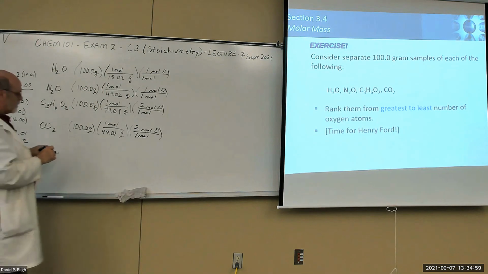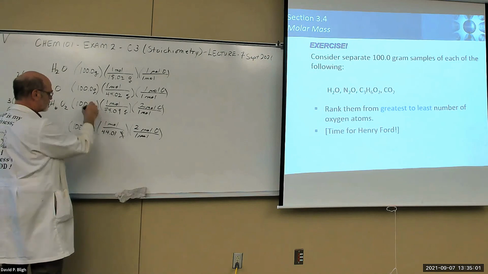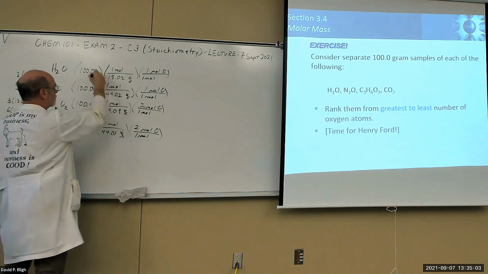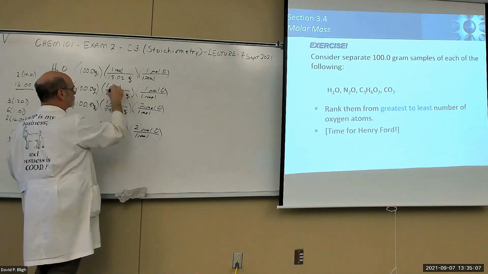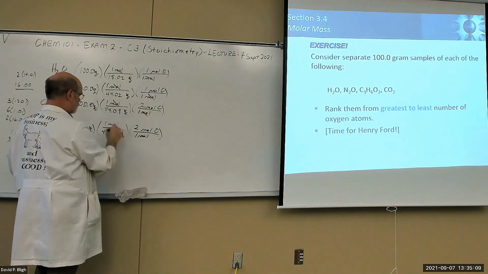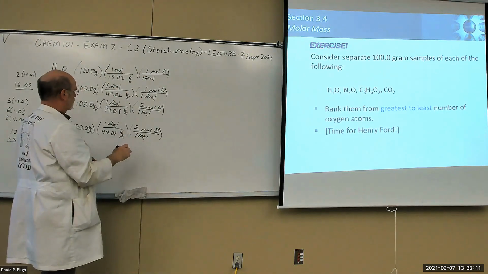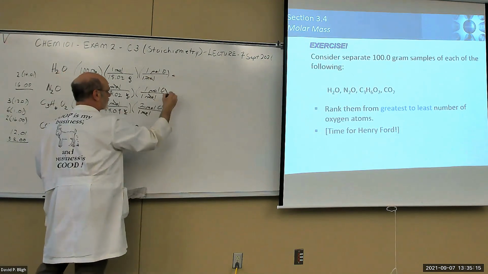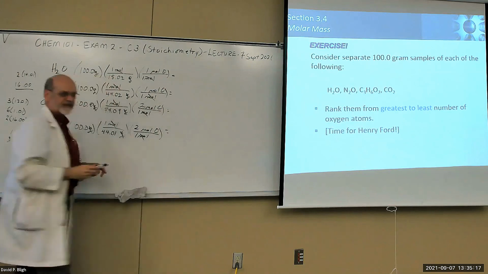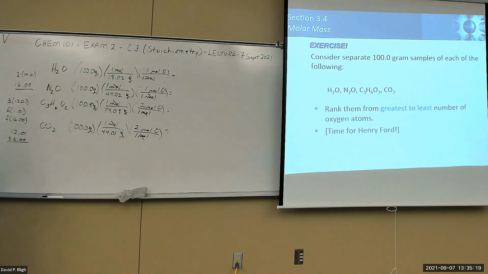So now, let's see. Have we got everything covered? Cancel, cancel, cancel, cancel. Okay? And cancel, cancel, cancel, cancel, cancel. And what are we left with? Moles of oxygen. That's the thinking part. That's the hard part. Now it's just number crunch.